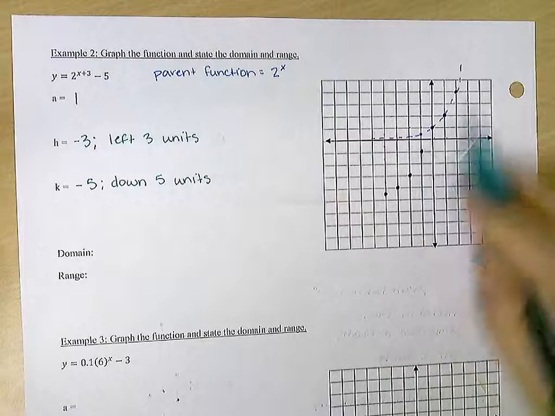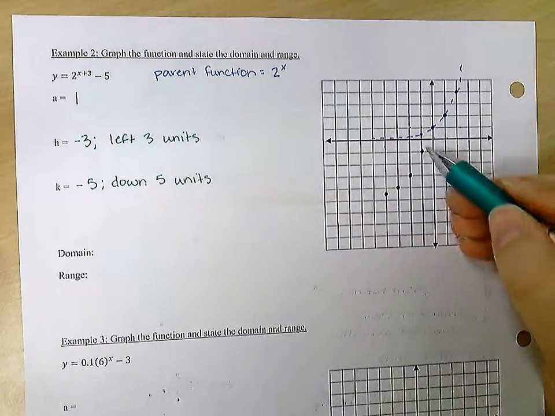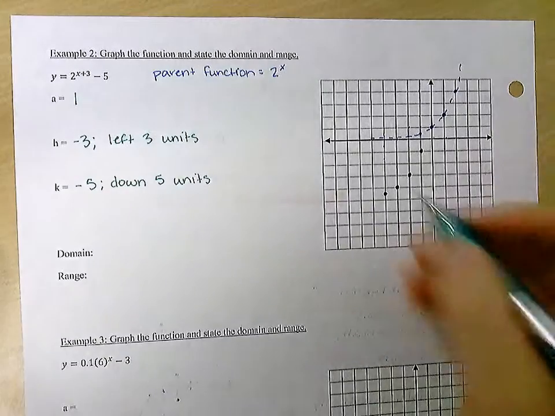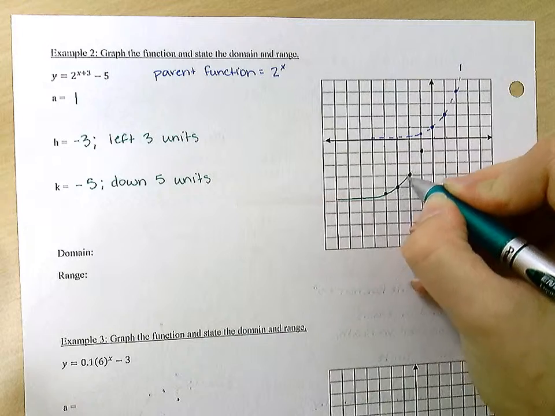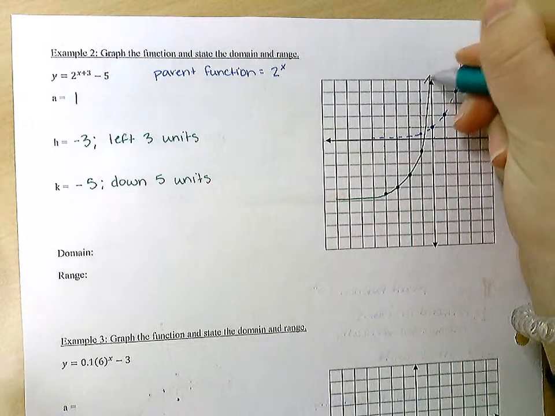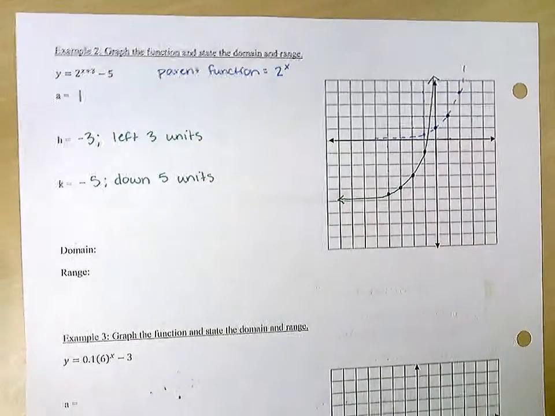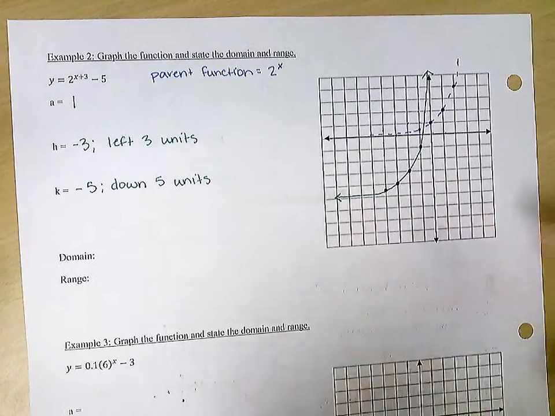Okay, so now it needs to make this same basic shape that I had in the parent function when I connect my new points here. Okay, so that would be my actual graph using those points after I moved them.